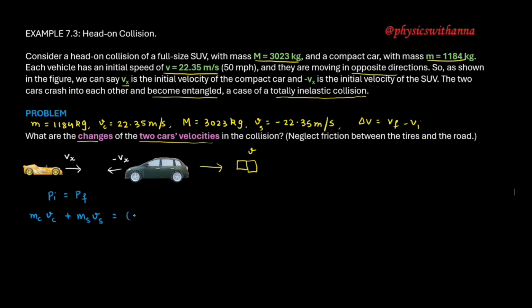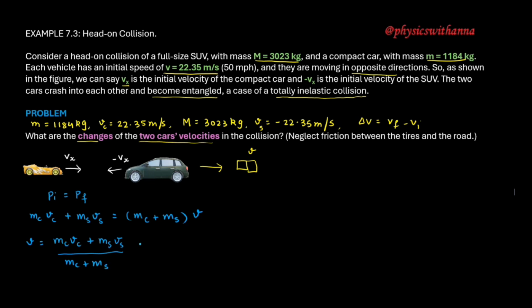So we write their masses as combined mass of car plus mass of SUV into their common velocity. We want to find this v, so let's divide with the mass. We get v equals mass of car, velocity of car, plus mass of SUV, velocity of SUV, over mc plus ms.